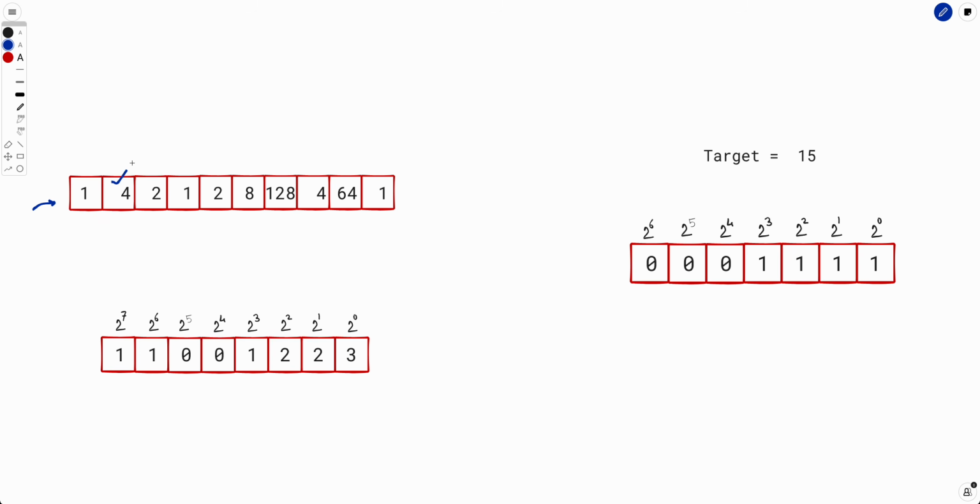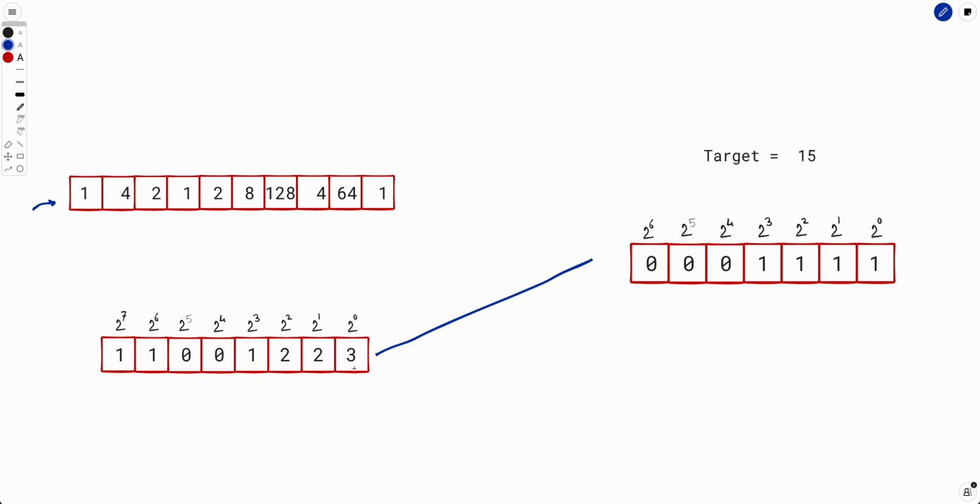And 4 occurs 2 times, so I will put 2 as the frequency of 2 power 2, and so on and so forth. Now you can simply compare these two arrays and say yes or no based on whether everything that is set here is present here as well. If it is, then the answer is yes, otherwise the answer is no.